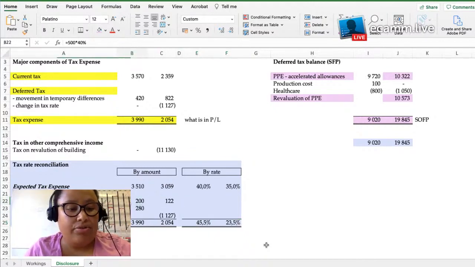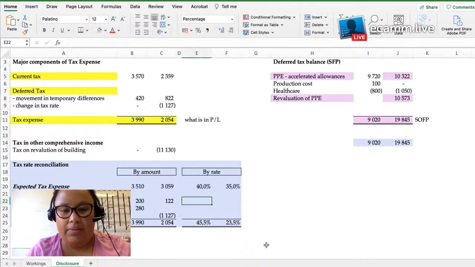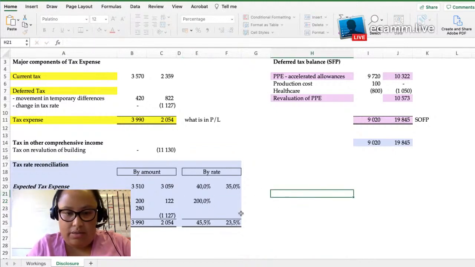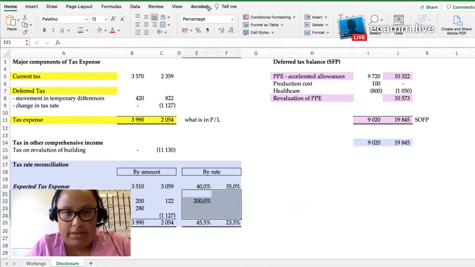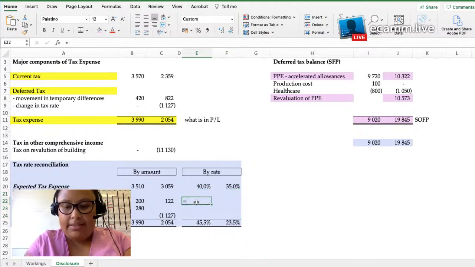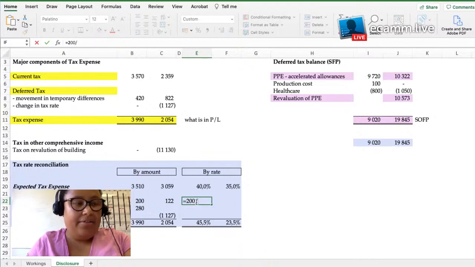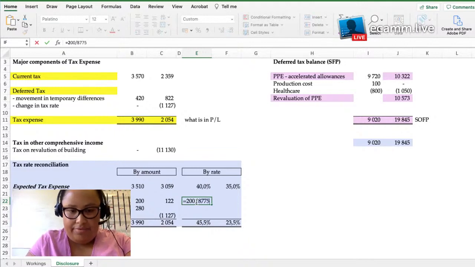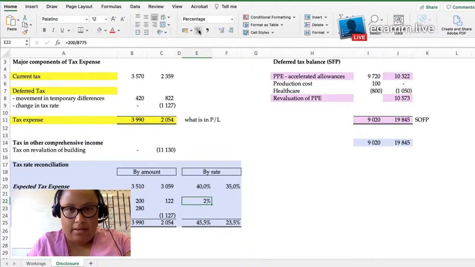The difference comes through, firstly, in the charitable donations. With the charitable donations, you take the 200 divided by the accounting profit before tax, which is 8775, and that gives us 2.3%.